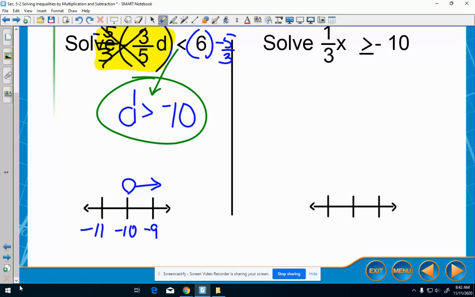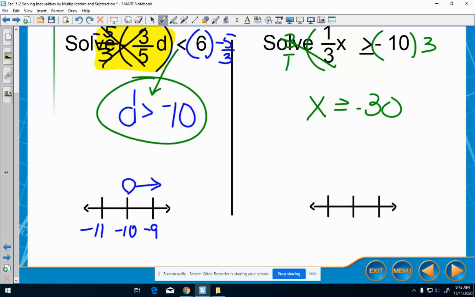Now over here, because I am not multiplying or dividing by a negative, that stays. Nothing changes. So you could almost look at this at the beginning and say, if I see a negative attached to my variable, I'm going to change the sign.